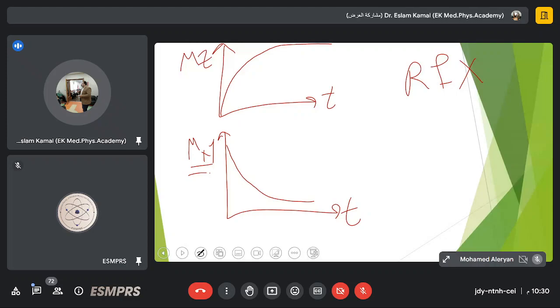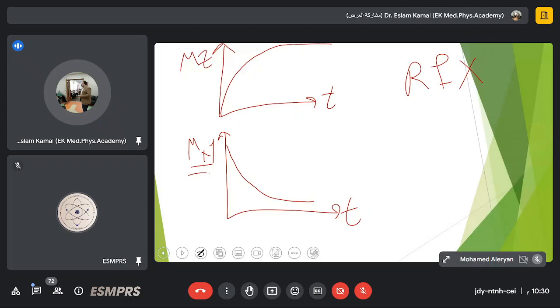Now we have different tissues in our body. We have fat, water, bone. Take an example of only fat and water. The recovery of the longitudinal magnetization MZ for fat is faster than for water.